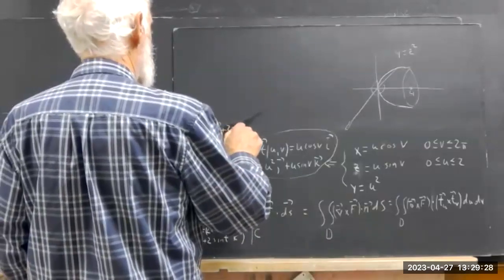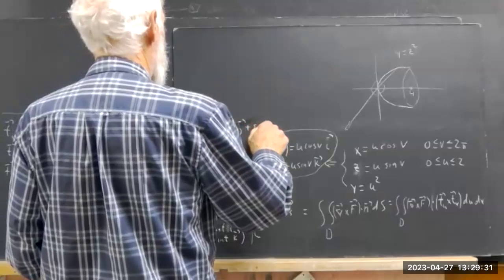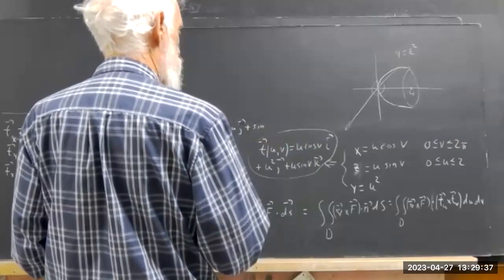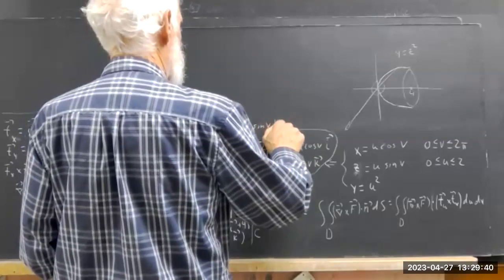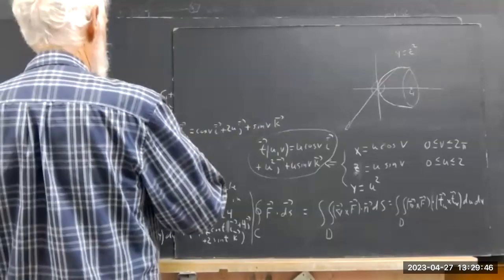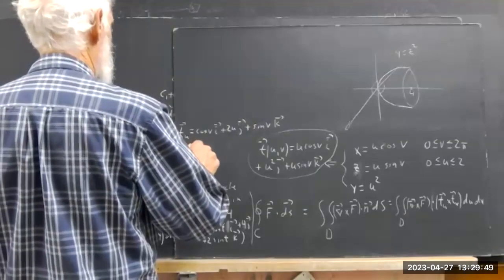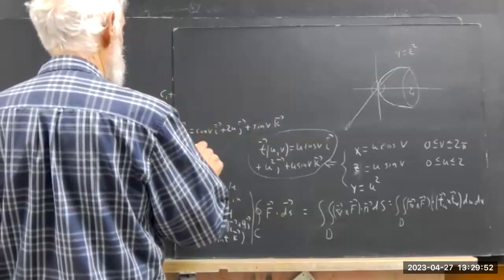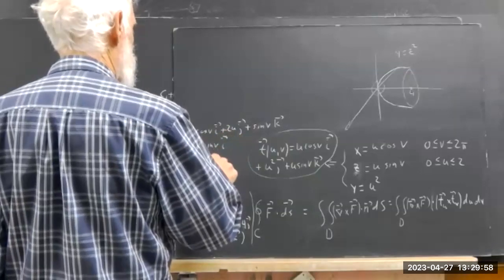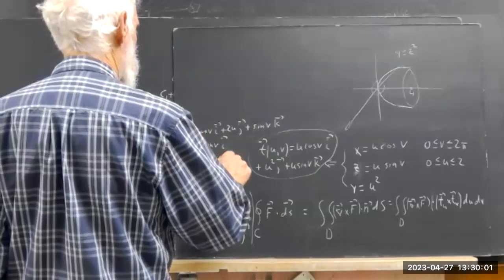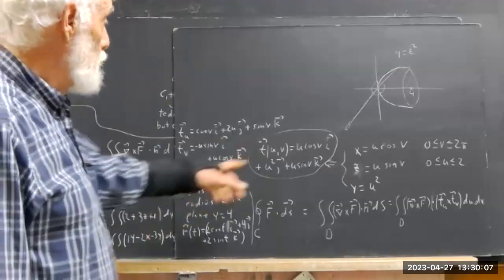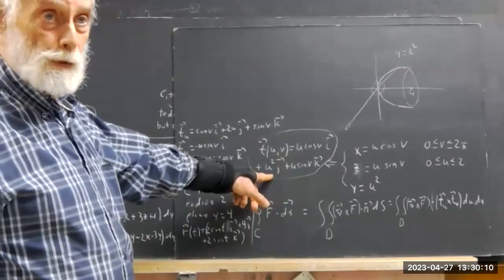It's going to be 2U J plus 9V times. Then TV is equal to negative U sine V I plus U cosine V K. There's no J dependence because J depends on U.